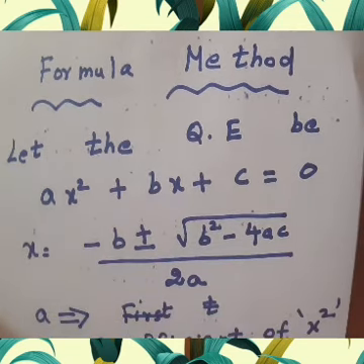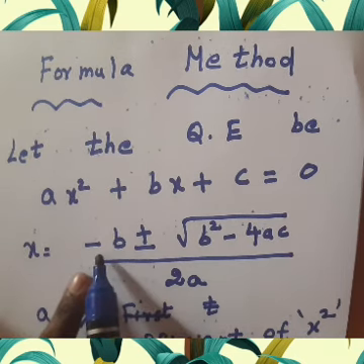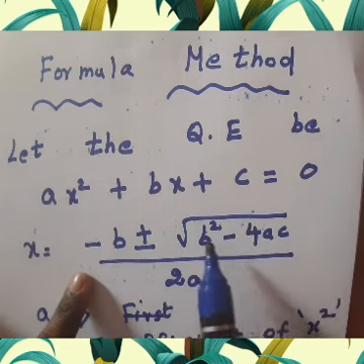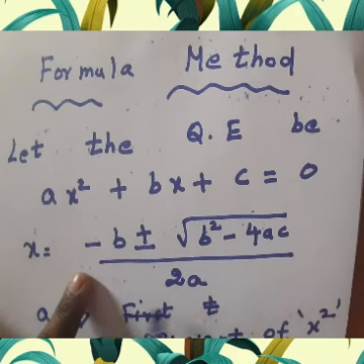The formula is, remember the formula, you can say along with me: x is equal to negative b plus or minus square root of b square minus 4ac, the whole term divided by 2a.